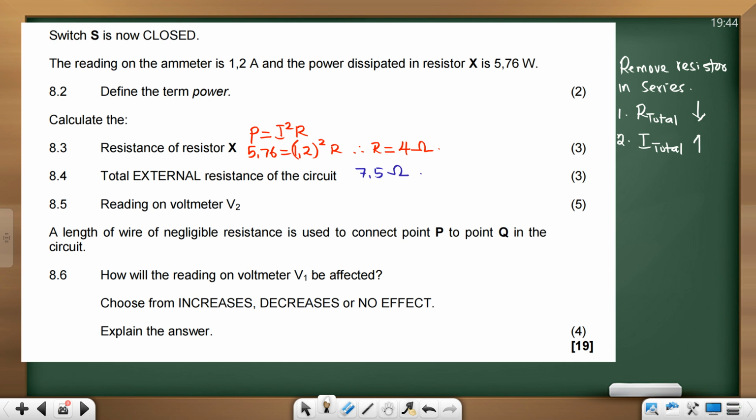Increase, because they are inversely proportional. That's R, I. What's the next letter? V internal. What will happen to V internal? It will increase, by Ohm's law. If V internal increases, what happens to V external? V external will decrease. Look, how many marks? Four, each step: 1, 2, 3, 4. RIVE.